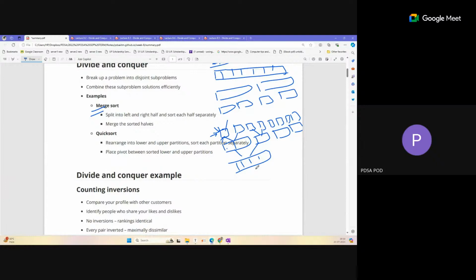Same things we are also doing with quick sort. In quick sort, we select one pivot element from the list. We can select either the first element, the last element, or any random middle element. After selecting the pivot element, we perform one partition process and shift all the elements in that way.